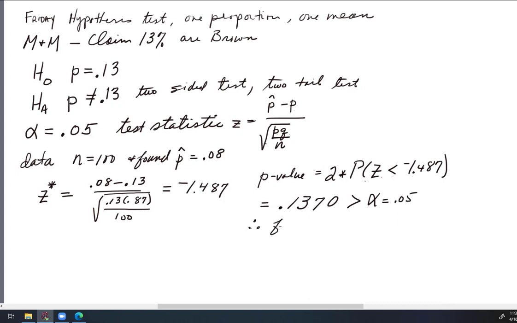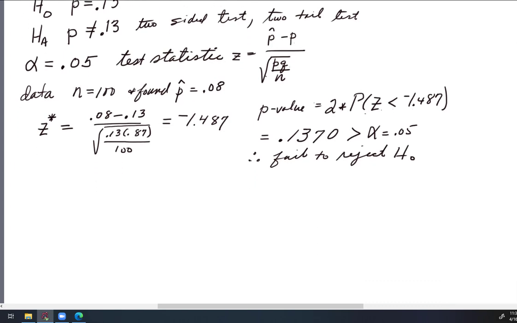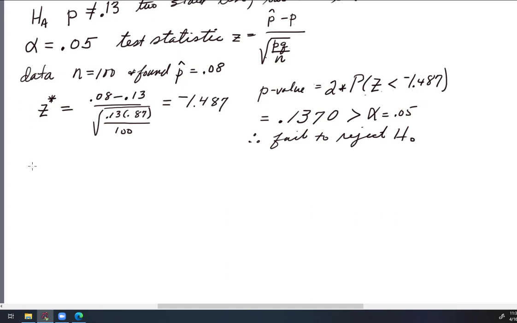Therefore, we fail to reject the null hypothesis. Our sample of size 100 did not yield sufficient evidence to reject the claim that the population proportion is 13%, 13% brown M&Ms. Now let's take a look at this same problem using the classical approach. That was a p-value approach, but we know there's also the classical approach.